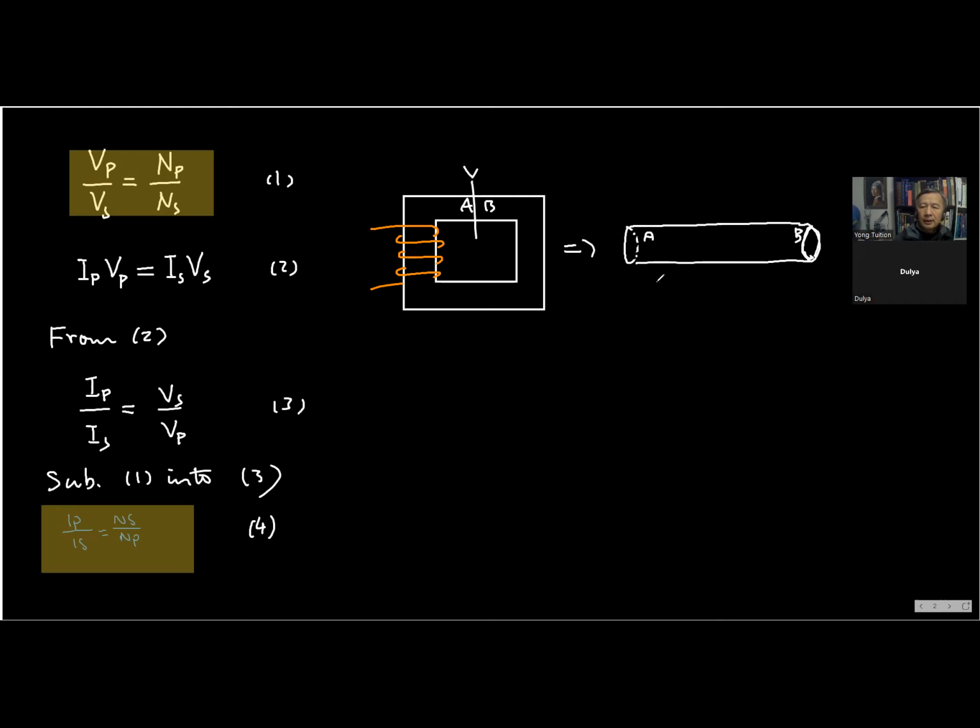The primary coil will go up like this. Can you see? 1, 2, 3. I just draw 3. You can draw many. All right. So we know the turns here are in the primary.